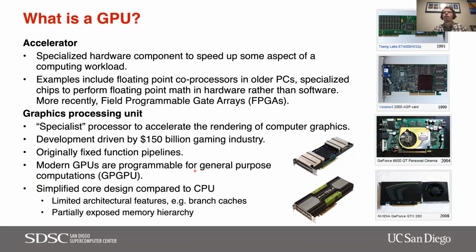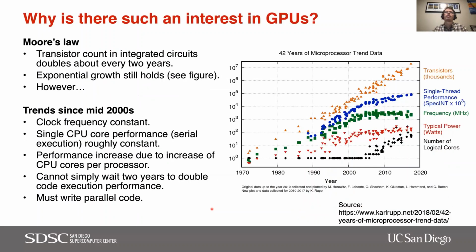So really accessible for general purpose computations with some limitations because of the simplified core design that they have in comparison to a CPU. So, branch caches, not as big and so on, partially exposed memory hierarchy, and of course the parallelism that you really have to take into account. Now the question is, why is there a big interest in GPUs?